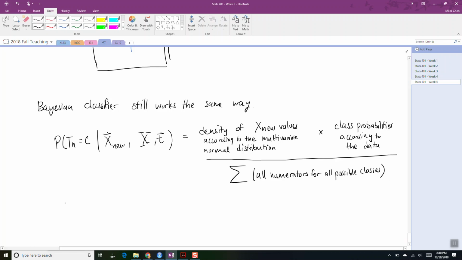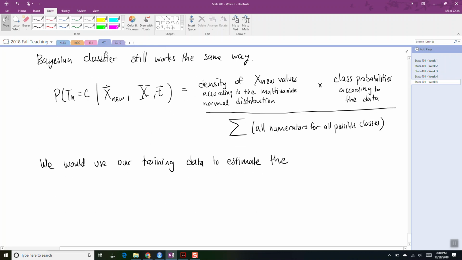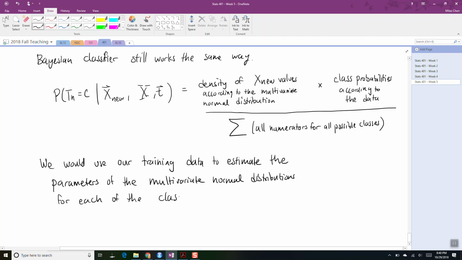Basically we would use our training data to estimate the parameters of the multivariate normal distributions for each of the classes.